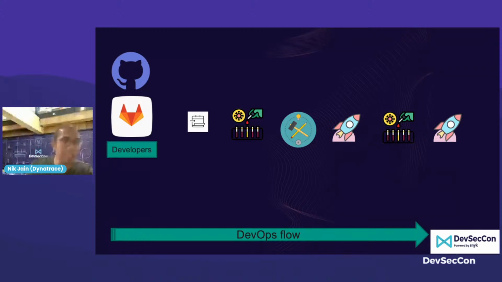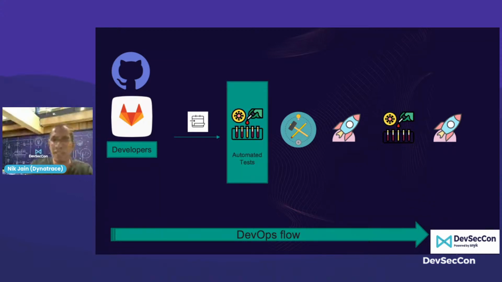They typically do source code check-ins. And most of the time, the first thing that checks off as part of that first step initiated, you typically get automated tests executing.